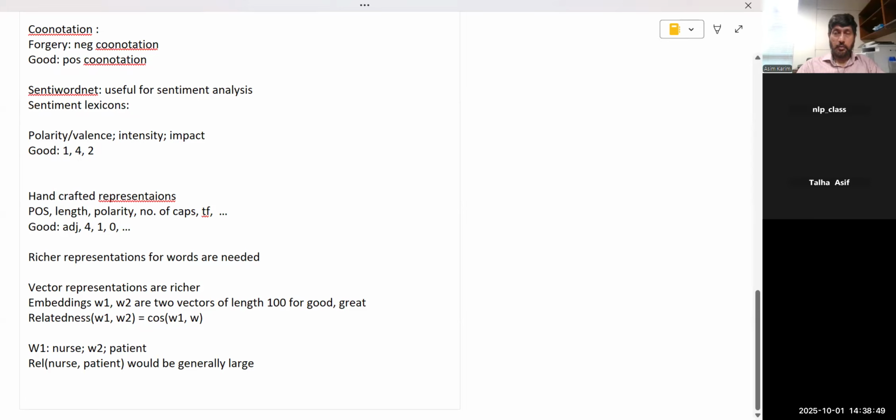So how can you capture meanings of words by looking at large amounts of text written in that particular language? So of course, one way is that you can look up WordNet, or you can do some processing on WordNet or some other NLP resources. But the more common approach nowadays is what is known as distributional semantics.